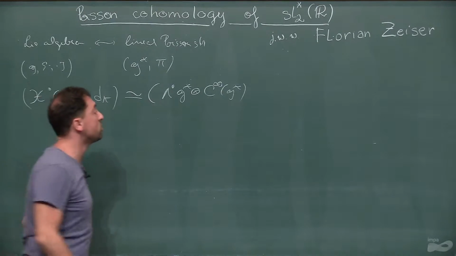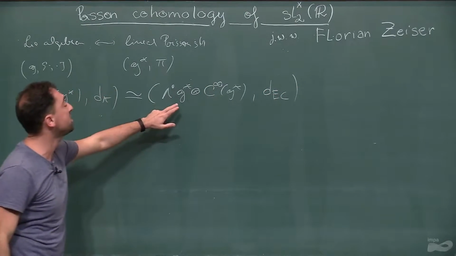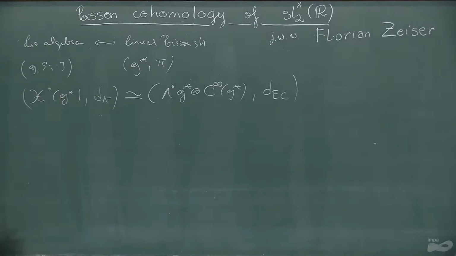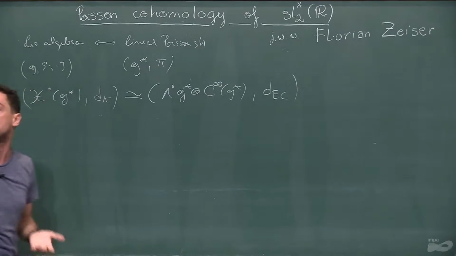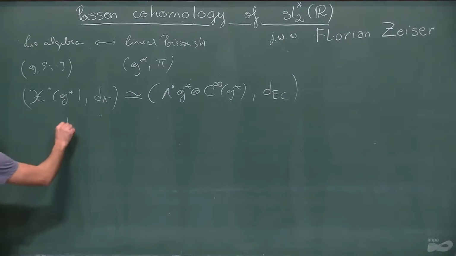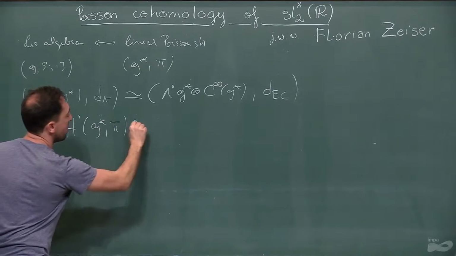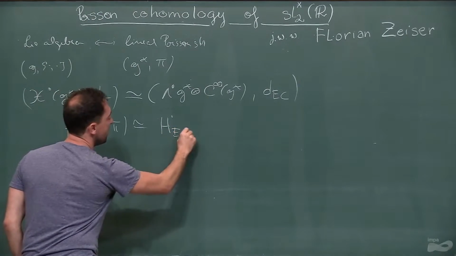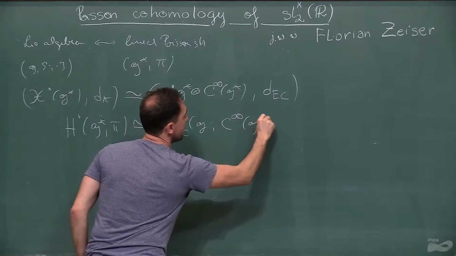And on this side, what you obtain is the Eilenberg-Chevalley differential for the representation of g on C infinity of g star. So in this situation, the Poisson cohomology is the cohomology of the Lie algebra g with values in an infinite dimensional representation. Right, so H will be usually the Eilenberg-Chevalley cohomology of the Lie algebra with values in C infinity of g star.